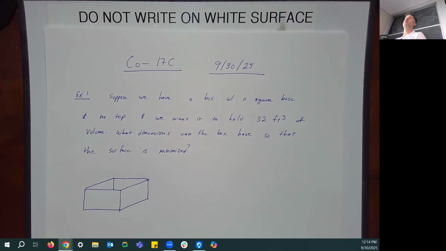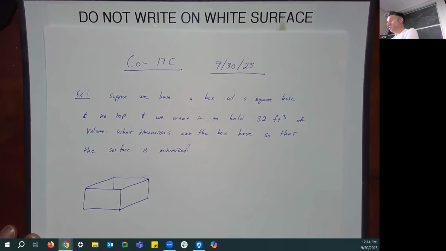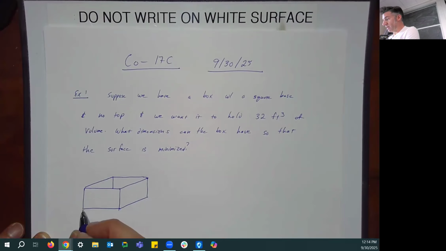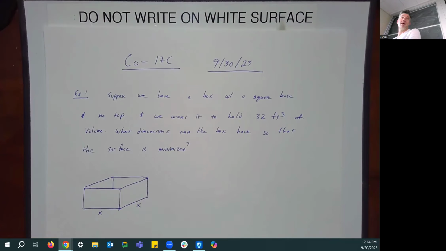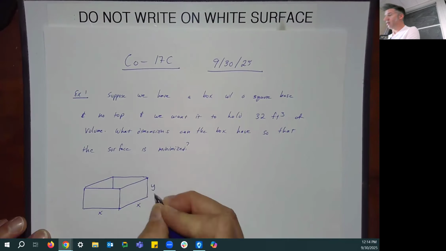Since I don't know any of the dimensions, which is what I'm trying to find, we typically label those using variables. The base is supposed to be square, so this length and this depth should use the same variable, x, because they should be the same value. Conversely, the height is not necessarily the same as the base, so we'll call that a different variable. Let's call it y.